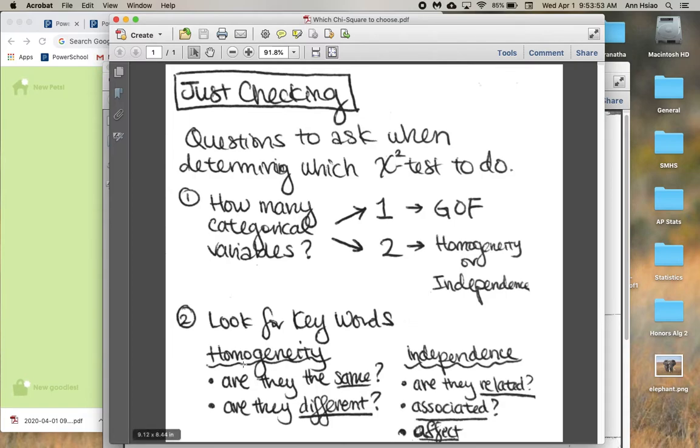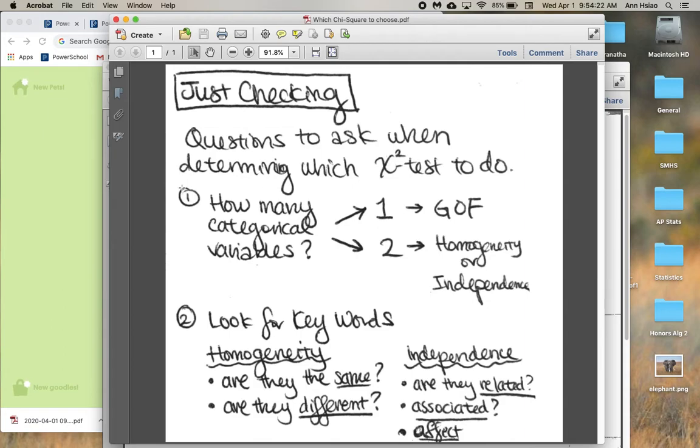For homogeneity, you want to look for words like, are the distributions the same or are they different? Now, if it's a chi-square test for independence, you're going to look for keywords like, are the variables related? Are they associated? Does one affect the other? And that's how you tell between the chi-square test for homogeneity versus independence.